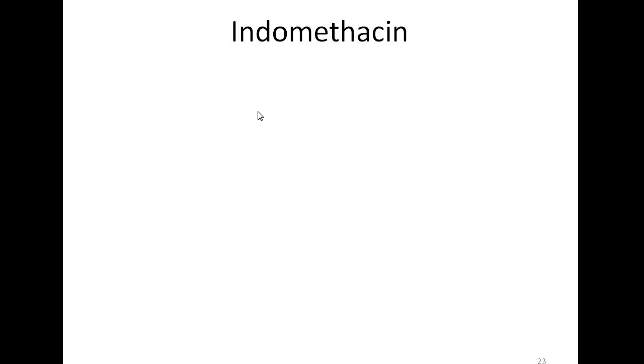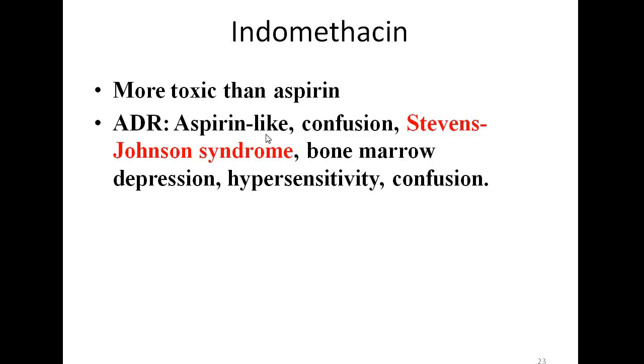Indomethacin is a drug belonging to the NSAID group, which is more toxic than aspirin. So whatever adverse effects we mentioned for aspirin, under the gastrointestinal tract, respiratory system, acid-base balance, Reye's syndrome, bleeding, everything is more with indomethacin. In addition to that, indomethacin can cause confusion, a very rare but severe form of Stevens-Johnson syndrome, bone marrow depression and hypersensitivity.